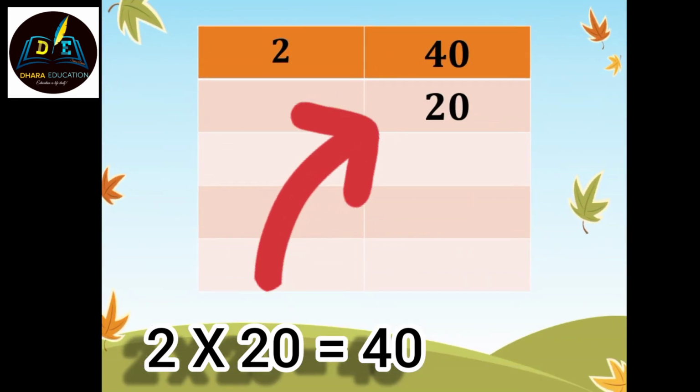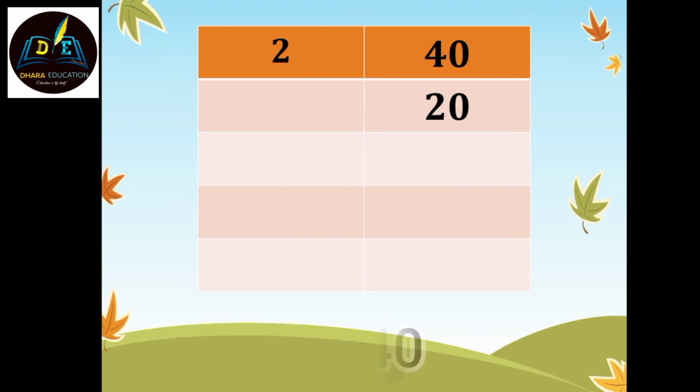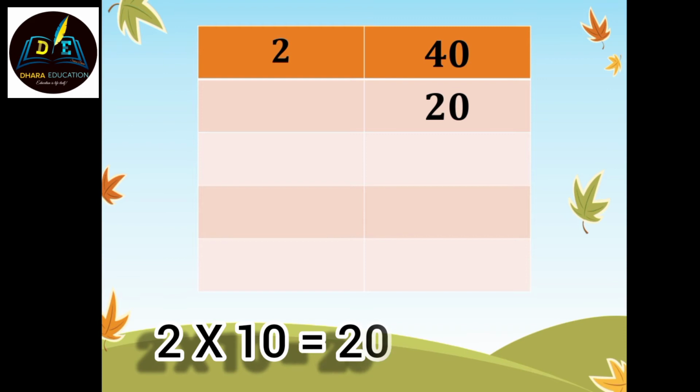Then again the question arises in your mind, 20 comes in the table of 2. So again we take the table of 2. Whenever we take a table, students, we have to write the number of the table on the left hand side, the way we did in the first one.